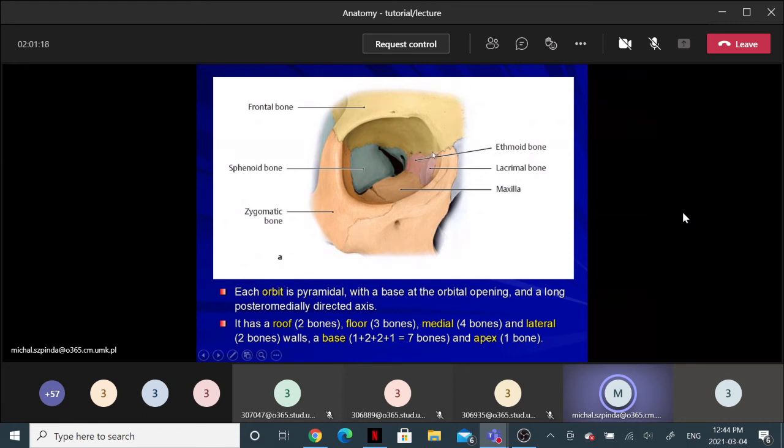On the medial wall, just above the ethmoidal labyrinth and the orbital part of frontal bone, we have 2 ethmoidal openings where corresponding canals start, passing transversely. So anterior ethmoidal canal and posterior ethmoidal canal.